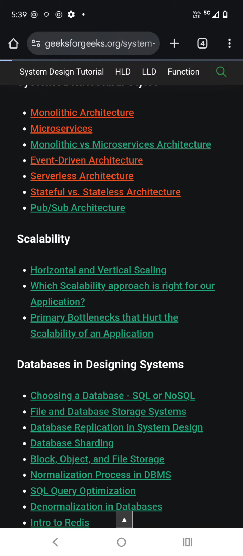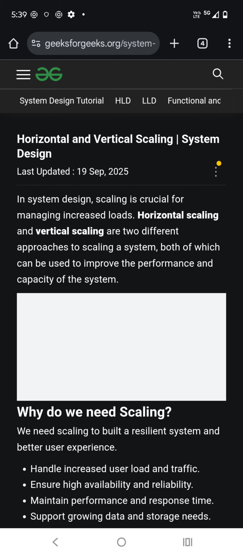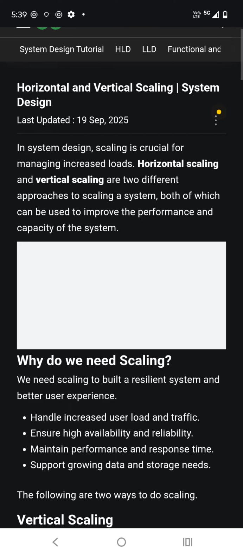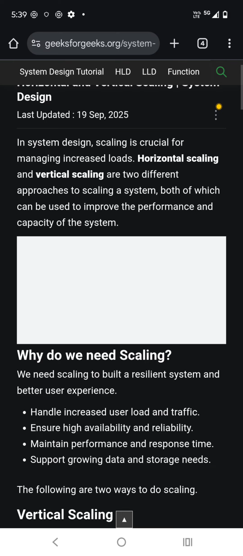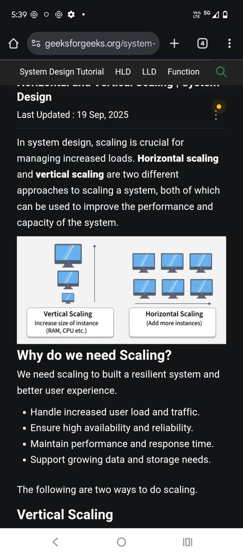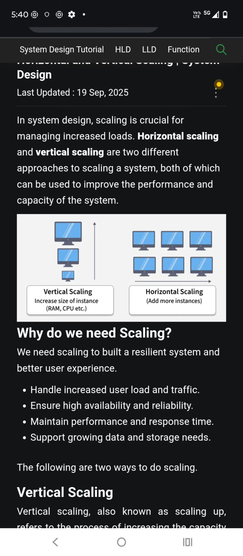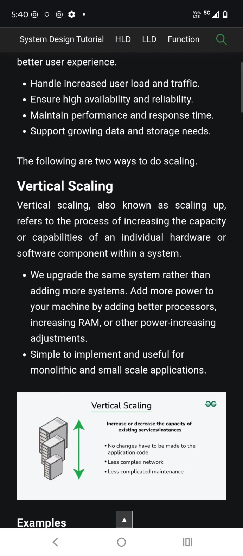Let's see. When you want to scale performance, you have to increase the RAM capacity and CPU capacity. That is vertical scaling.